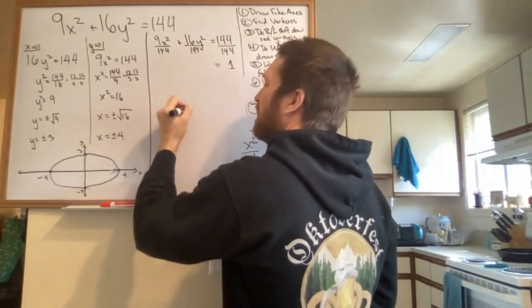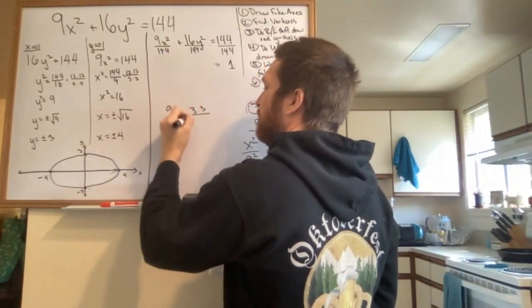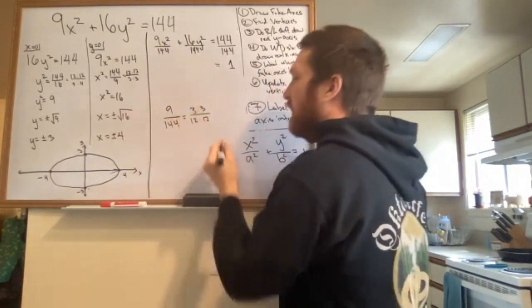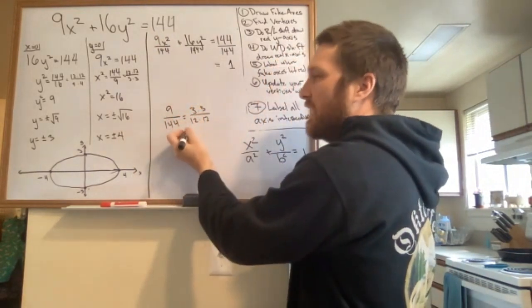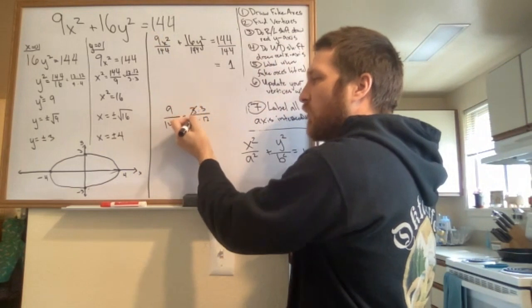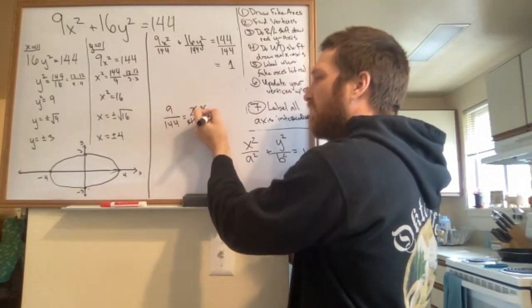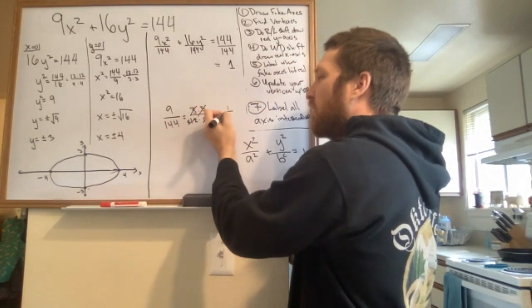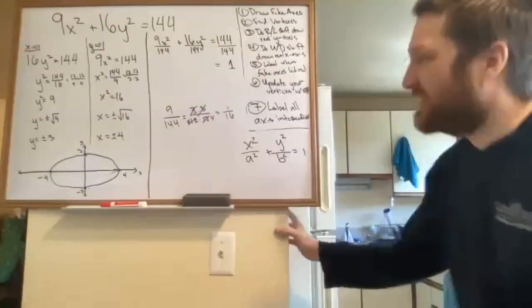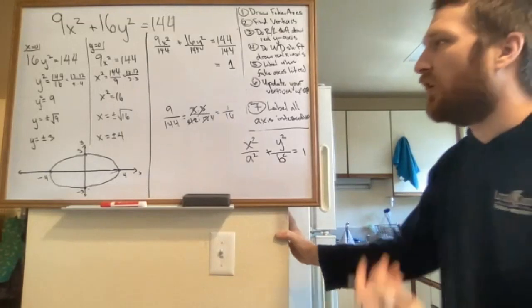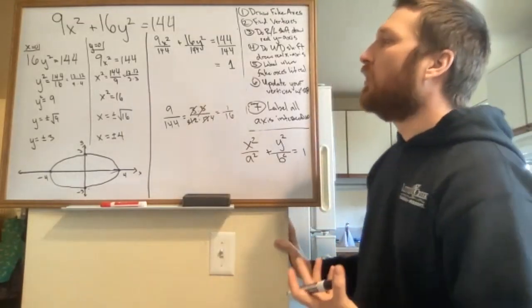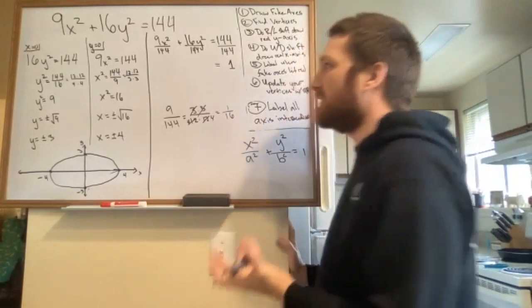The way I like to do it is to say that's the same thing as 3 times 3 over 12 times 12. And 12 is 4 times 3. So that'll cancel one of the 3's, leaving a 4, leaving me 1 over 4 times 4, which is 1 over 16. You could also, if your brain's good enough, go 144 divided by 9 is 16.